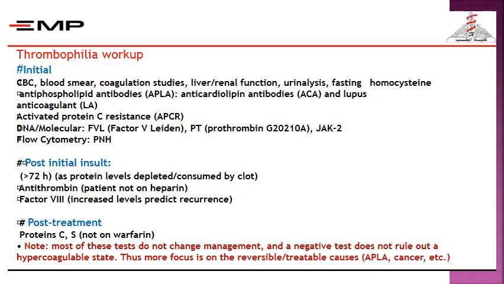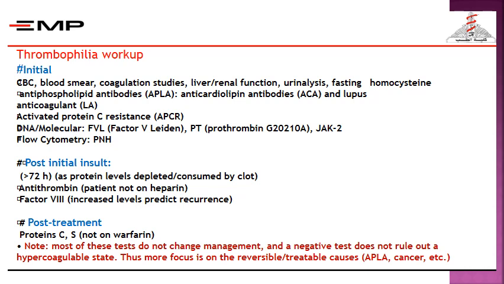Initially, CBC, blood smear, coagulation study, liver and renal function, urine analysis, fasting homocysteine level, antiphospholipid antibodies in the form of anticardiolipin antibodies, IgG and IgM, lupus anticoagulant, activated protein C resistance, DNA molecular study for factor V Leiden, prothrombin G20210A, or JAK2. JAK2 is a JAK mutation.